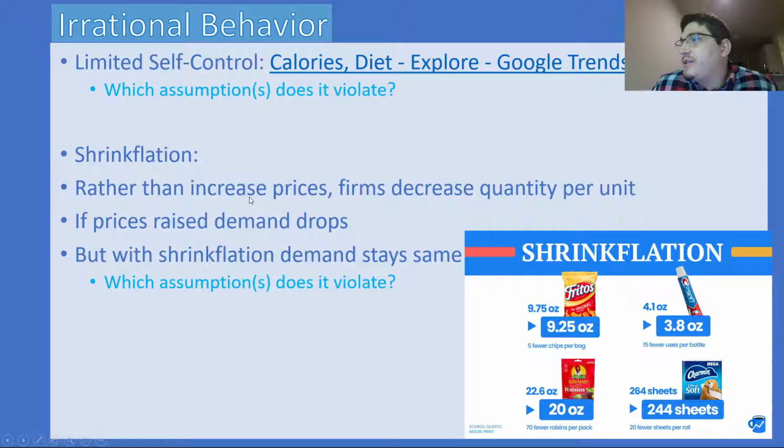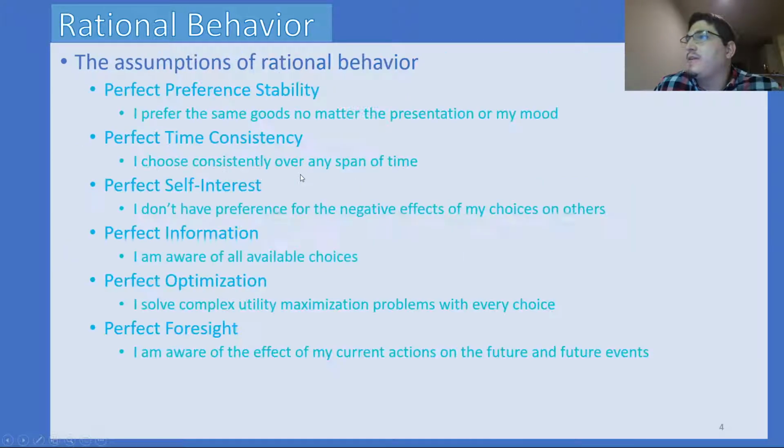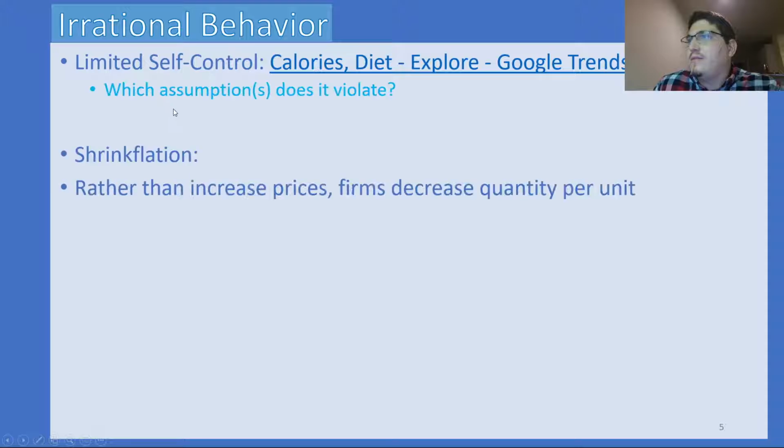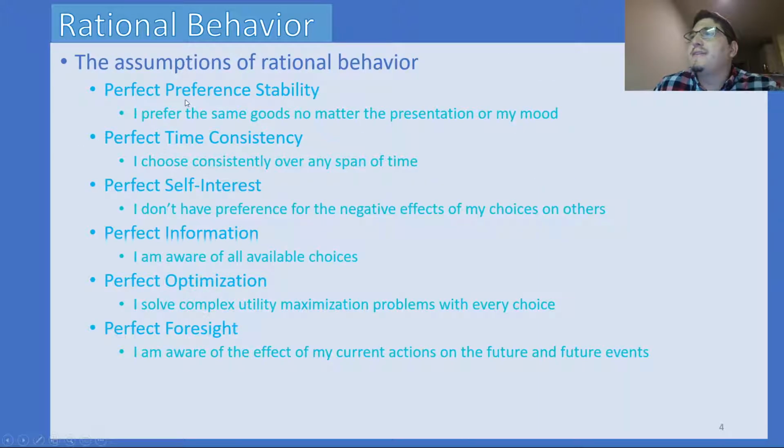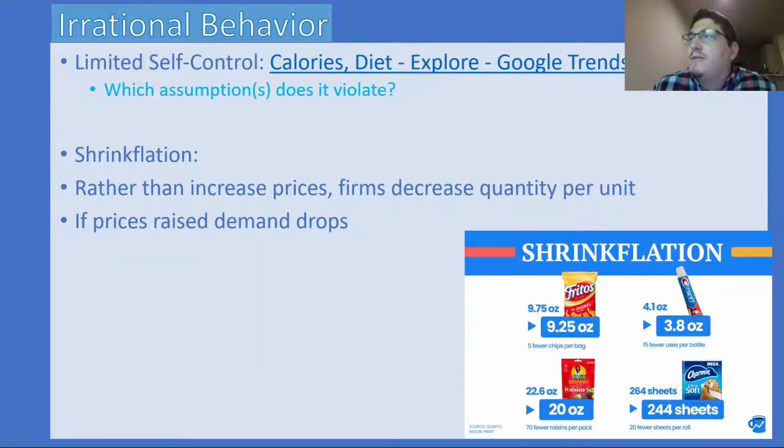And then optimization, of course, is violated because consumers are not really calculating the price per unit. So perfect information is violated, and perfect optimization is violated. And then we have perfect preference ability being violated here, because my value per unit has changed, but my behavior isn't adjusted.